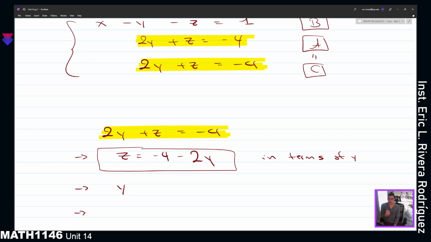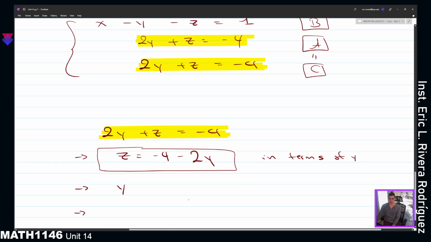Now, because we have a third variable which is x, and the only independent variable here is going to be y, x needs to be written in terms of y, something very similar to what we did with z. z equals -4 minus 2y.